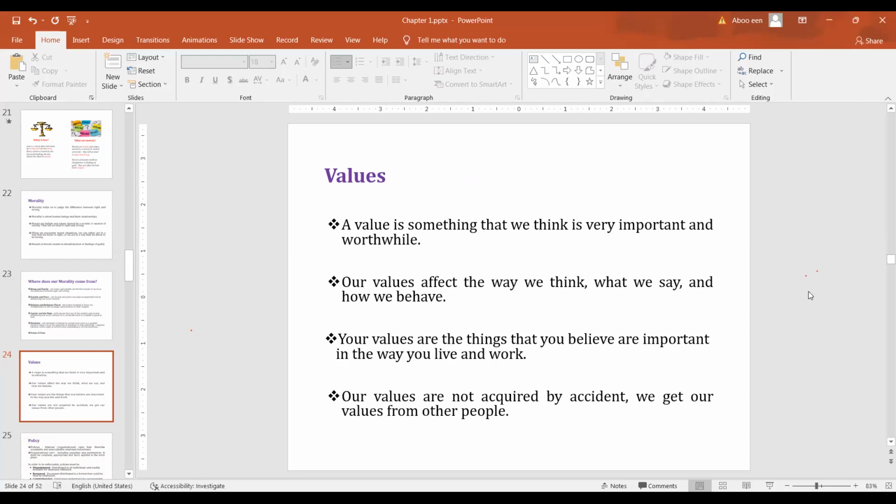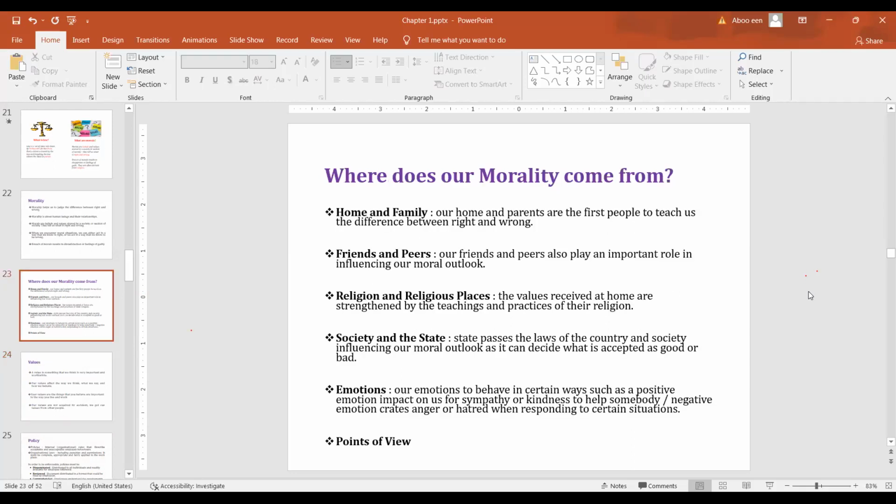What is value? What do you mean by these values? Values mean what?